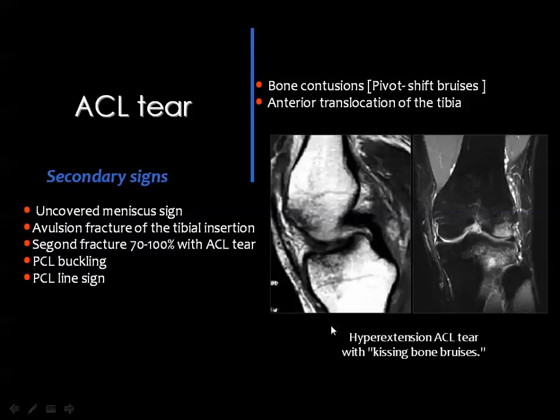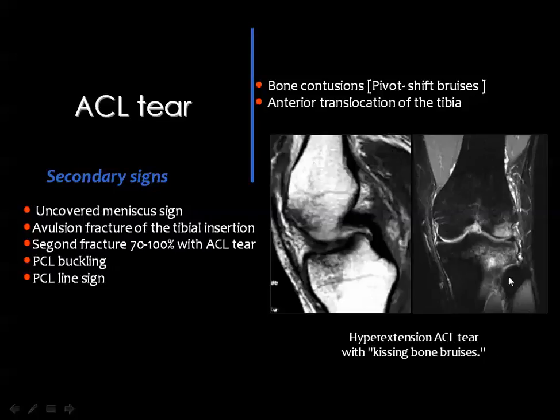Then, because ACL tears are post-traumatic, they usually leave some contusions in the bone marrow, and these contusions are one of the confirmatory signs that the ACL has been ruptured, especially if they are in the tibia as well as in the opposing surface of the femur.